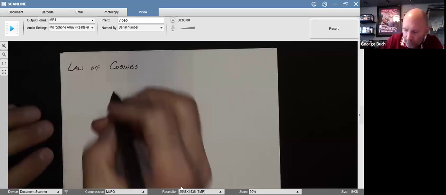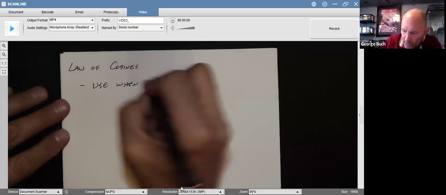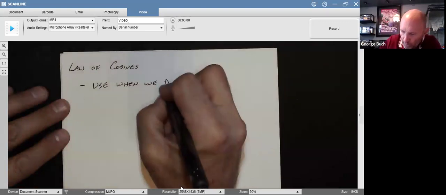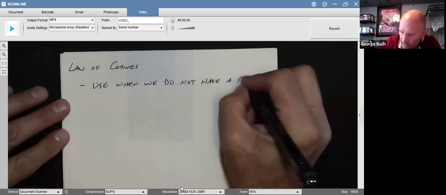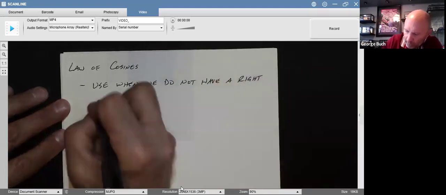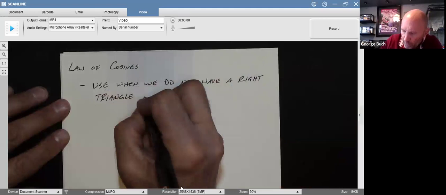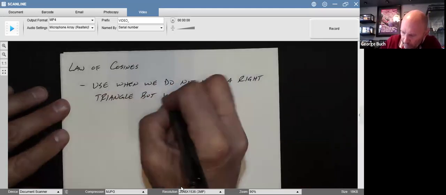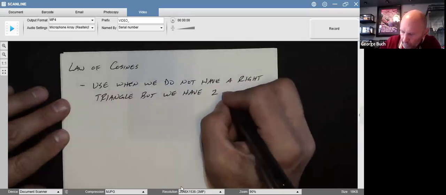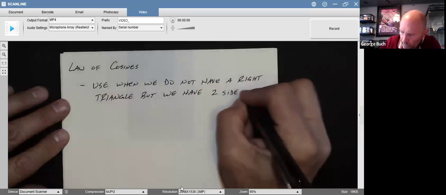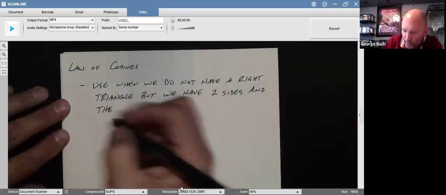Law of cosines, we use when we do not have a right triangle, but we have two sides and the included angle. And so that's what? That's the angle between them.